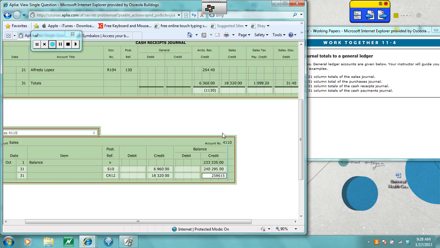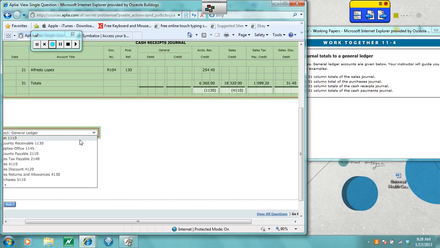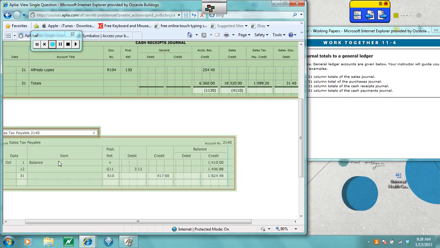Then we take this account number, parentheses, then we go sales tax payable. Sales tax payable credit, see that?